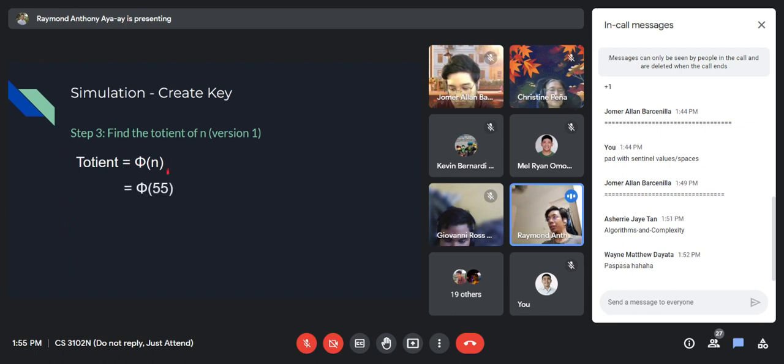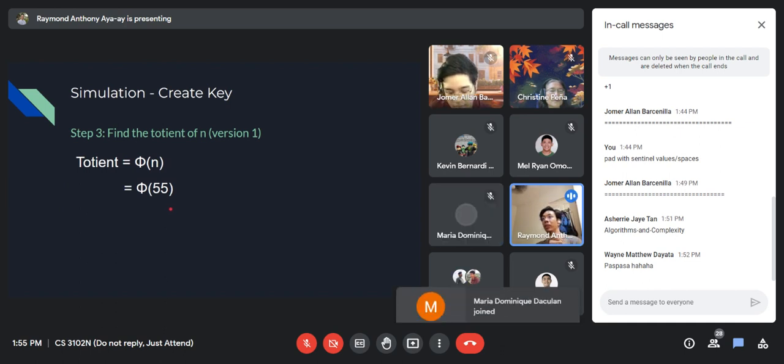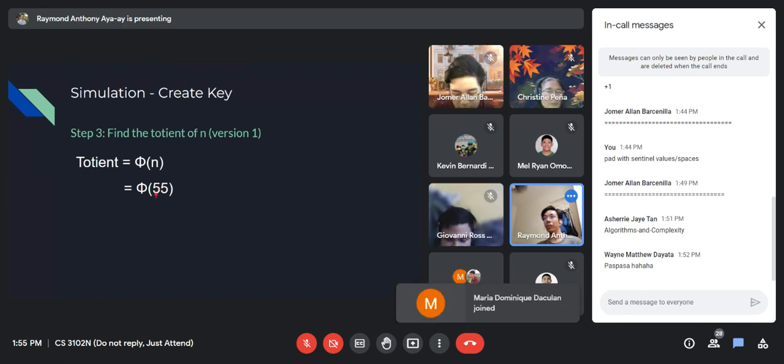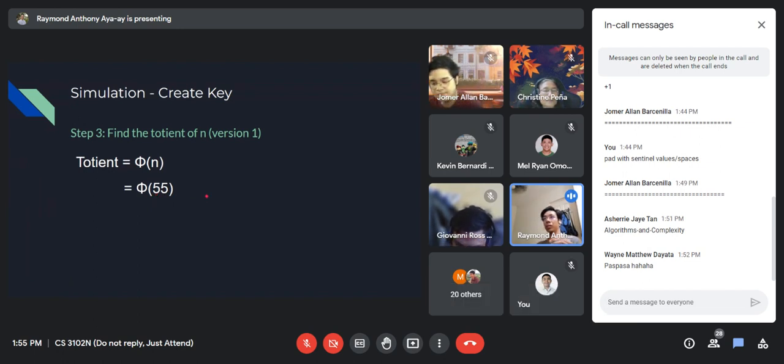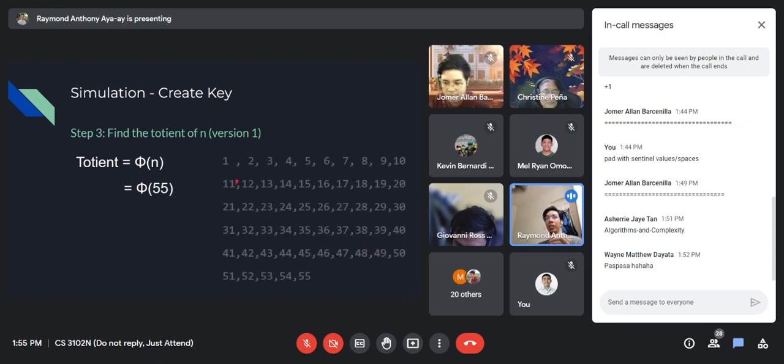Going back, our n is 55. What is the phi of n? First we count all the numbers from 1 to n. Here, our n is 55, so we have to count all the numbers from 1 to 55 listed here.